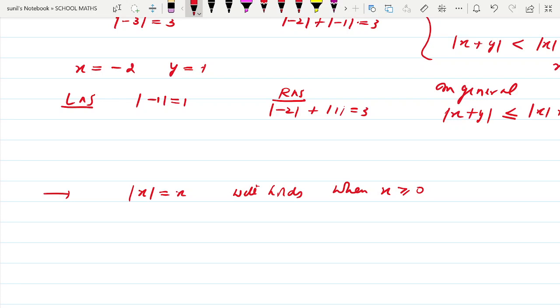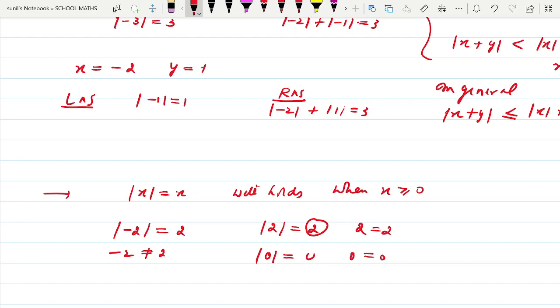Certainly you know that mod of minus 2 is equal to 2, but minus 2 is not equal to 2. But mod of 2 is equal to 2, and 2 equals 2, and mod of 0 is 0, obviously 0 equals 0. So see these numbers, what type of numbers are there, either positive or 0. So this way you can conclude.